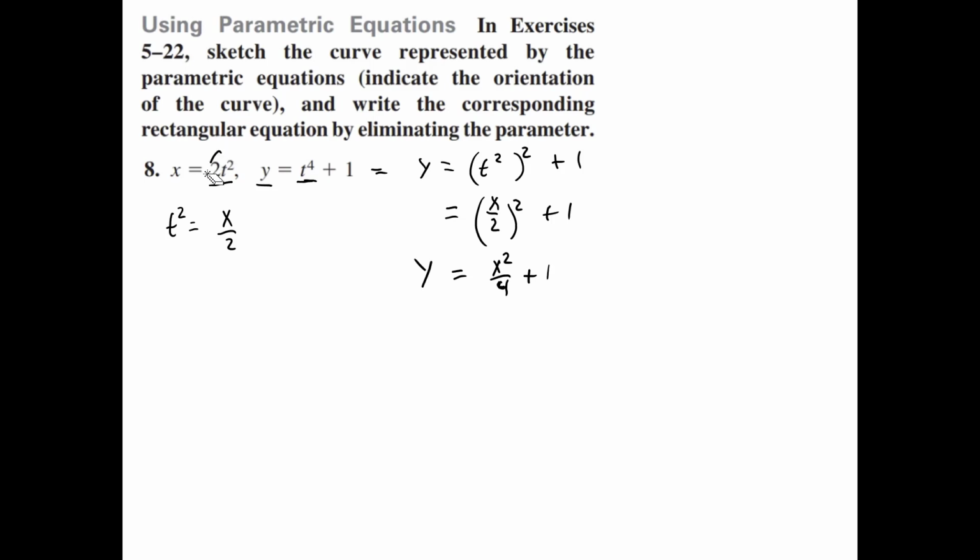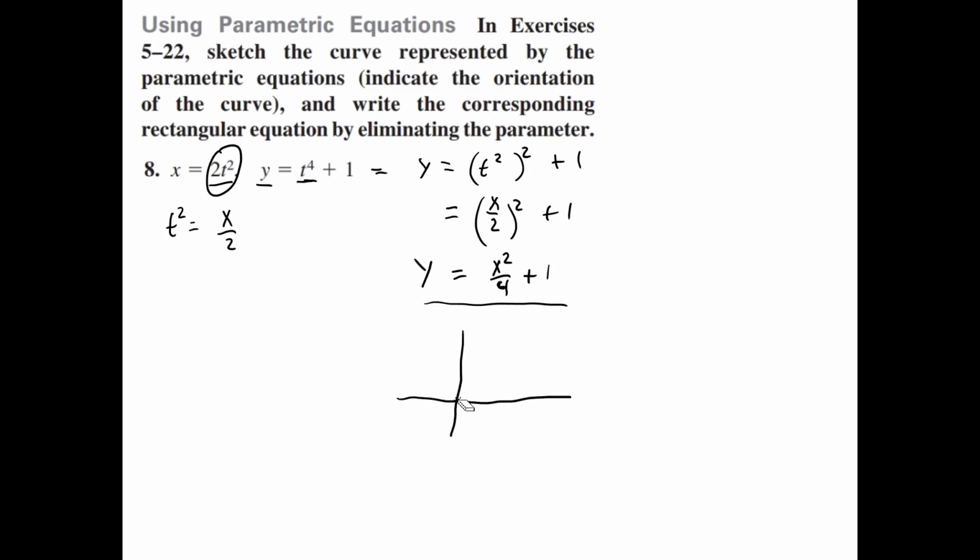Now, when you look at your formula for x, you can see that no matter whether you put in a positive value or a negative value for t, your x is always going to be positive. It could be 0 by putting in 0, but it's never going to be negative. So this you should recognize as a parabola, but you're not looking at the whole parabola because you're only looking at the part of the parabola with positive x values.